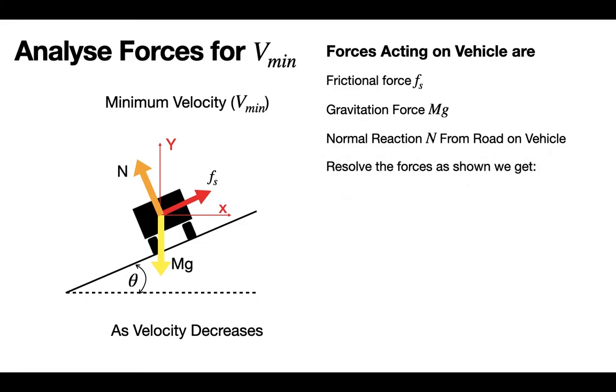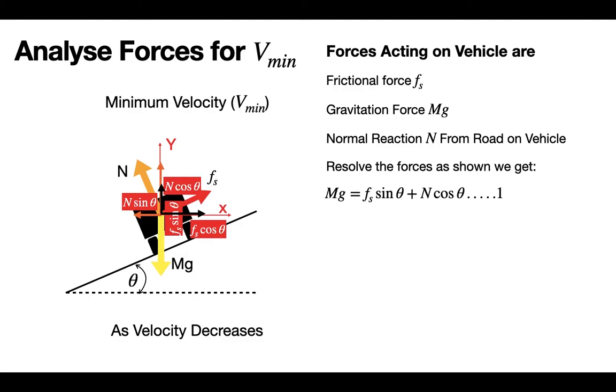So if you resolve the forces as shown, let's resolve the normal reaction and the friction force. You get N sin theta and N cos theta. N sin theta is along the minus x-axis, N cos theta along the positive y-axis, and the friction force Fs cos theta along the x-axis and Fs sin theta along the y-axis.